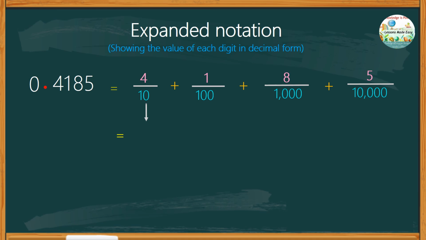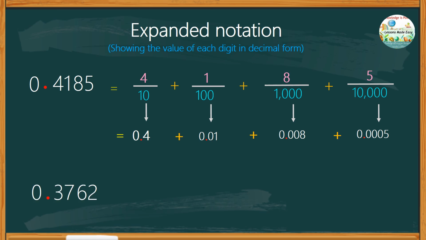So 4 over 10 can be expressed as 0.4 plus 1 over 100 as 0.01 plus 8 over 1,000 would be the same as 0.008 and 5 over 10,000 is the same as 0.0005.